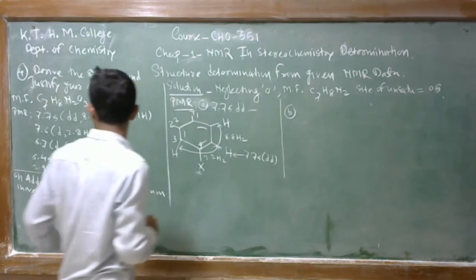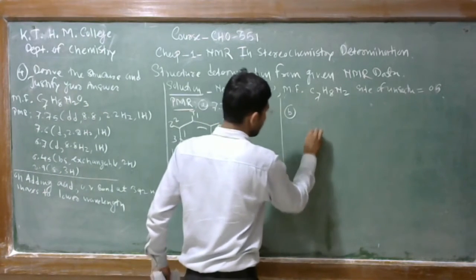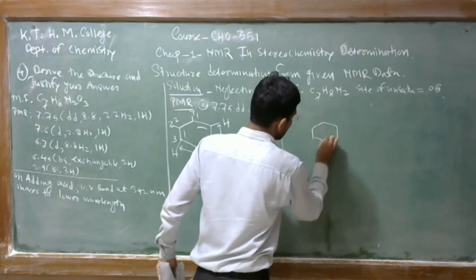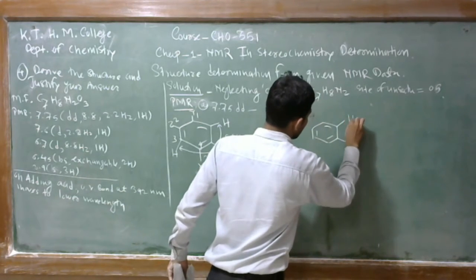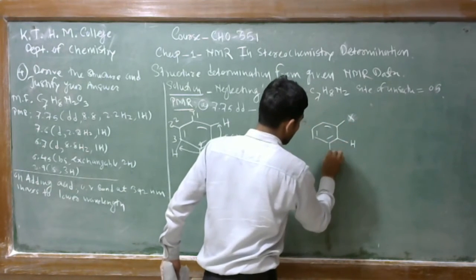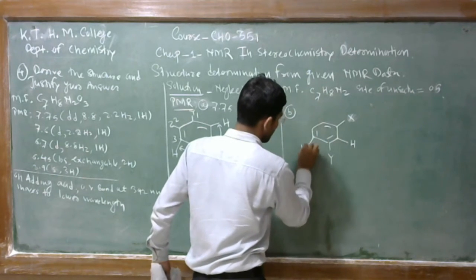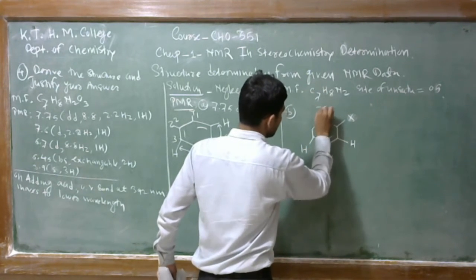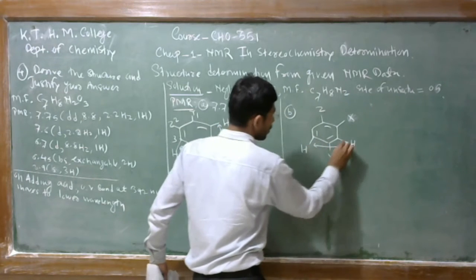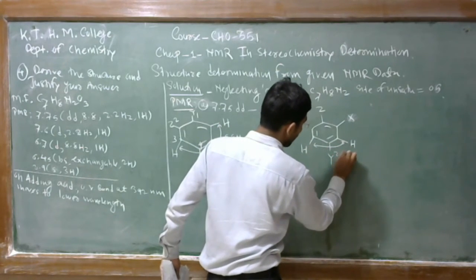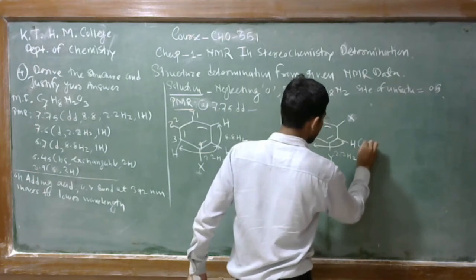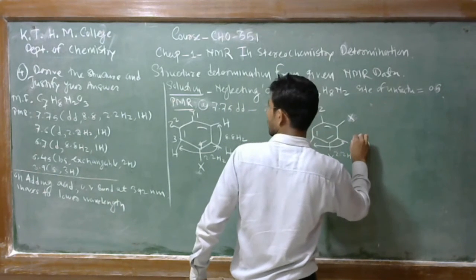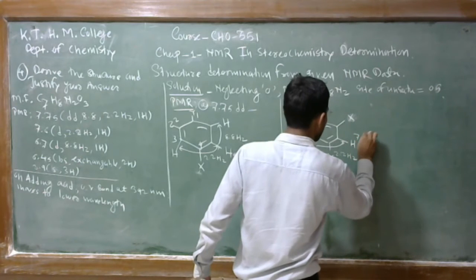Next signal 7.6 doublet. 7.6 means here is also X, Y, here is also Z. So this proton is coupled with 2.2 Hz, doublet, at 7.6.